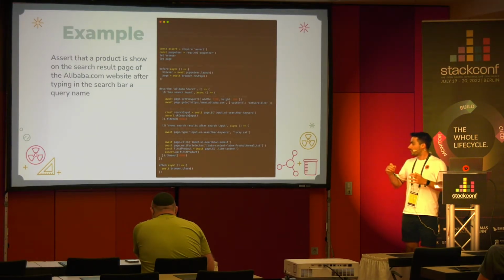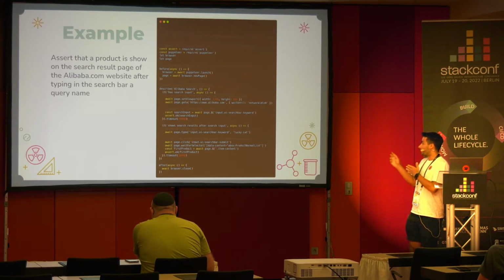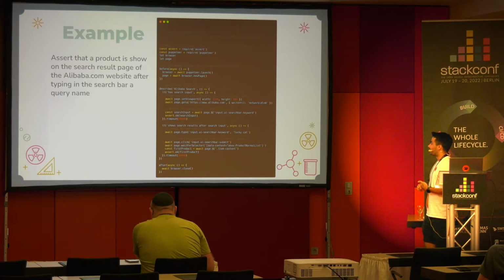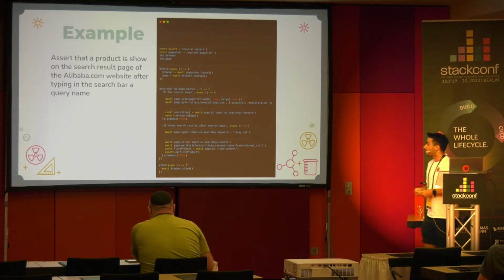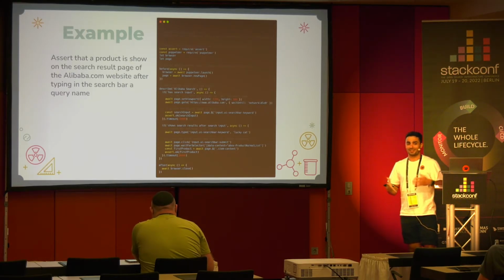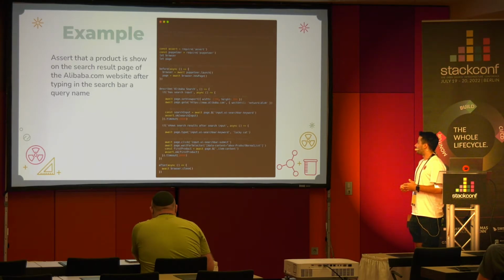Just to give you an example, this is an example of a test written in Puppeteer. That is the Alibaba website in this example. Yeah, because I use AliExpress a lot for my Raspberry Pi, so Alibaba was the main goal to do. And it's pretty easy. As I said to you, it's really readable, it's really easy to write, and the tests are really easy to reproduce and to write in a very beautiful tree, because it's really nice to see a lot of tests working alongside the browser.